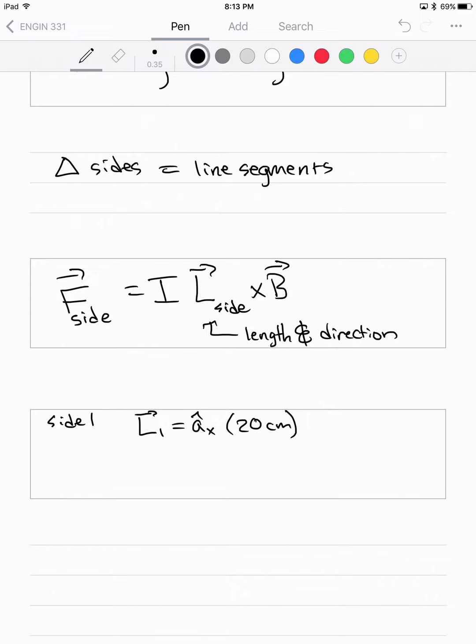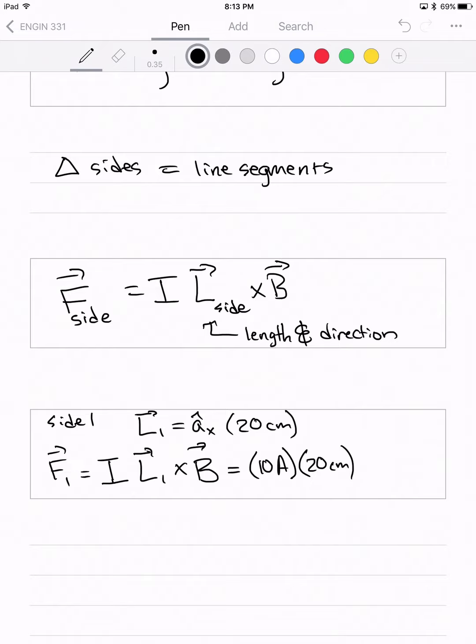So in that case, we've got force 1 is equal to current times L1 cross B, which in this case is equal to 10 amps times 20 centimeters times, I'm going to put the cross product at the very end, 6 milliteslas times a hat x cross a hat y.